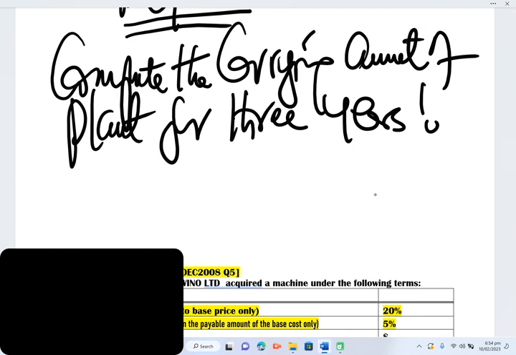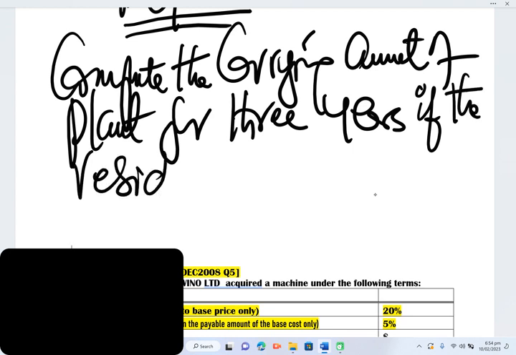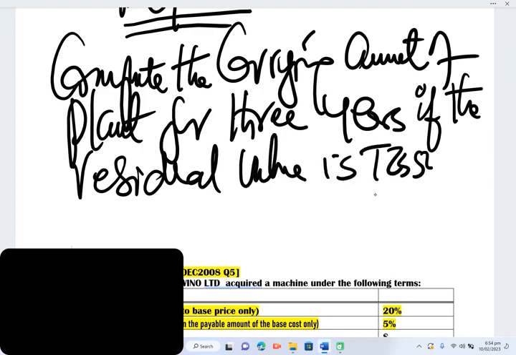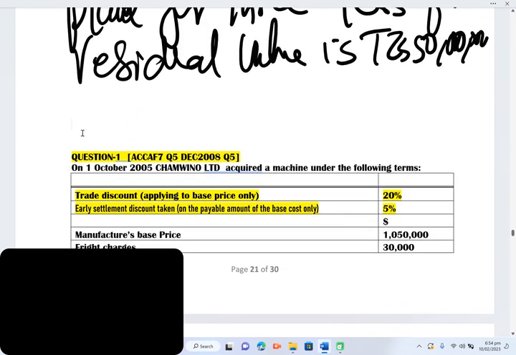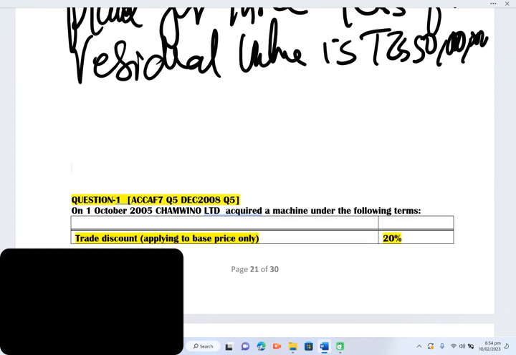If the residual value is 50 million. Hapa nataka kukomaza kwenye kujua hii njia. Kama swali la CCA linakuja linakuendesha. Hili ni la board.